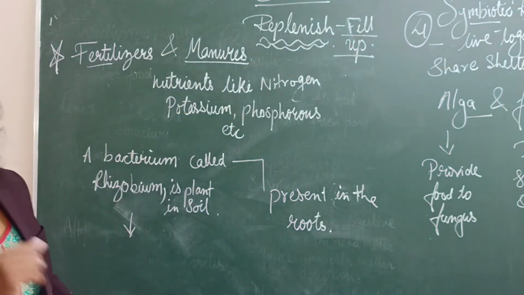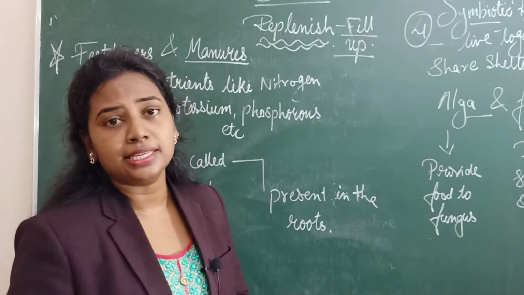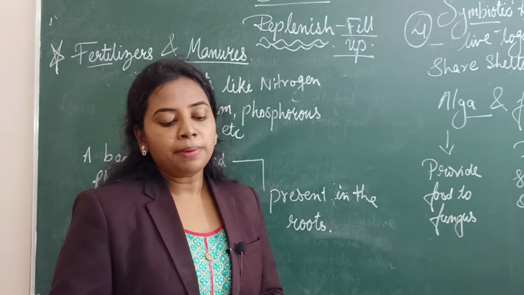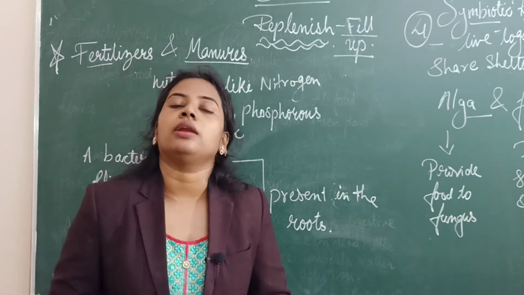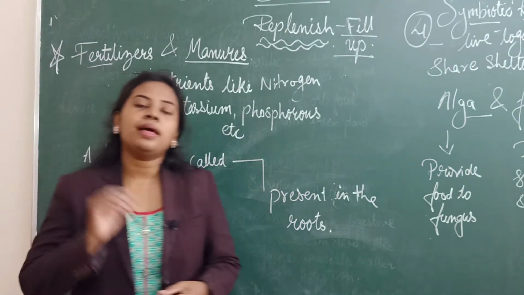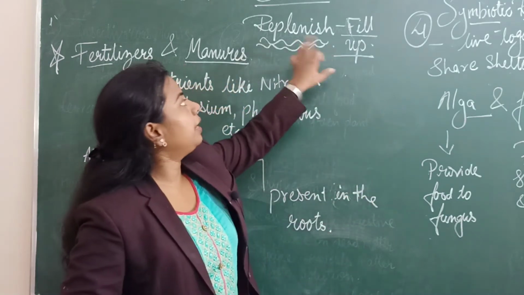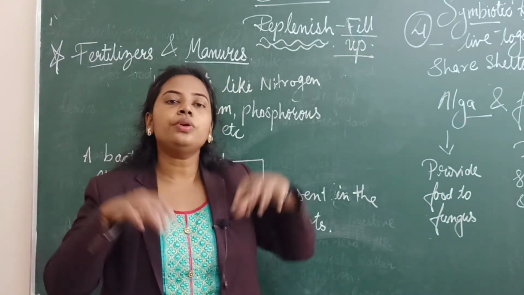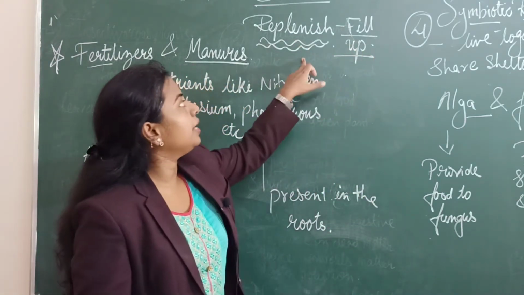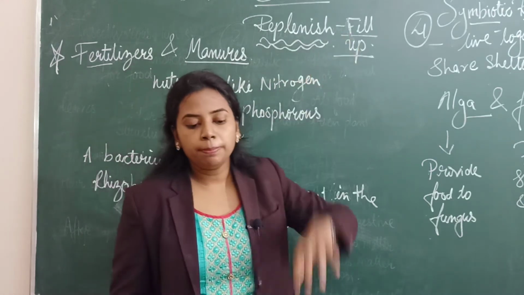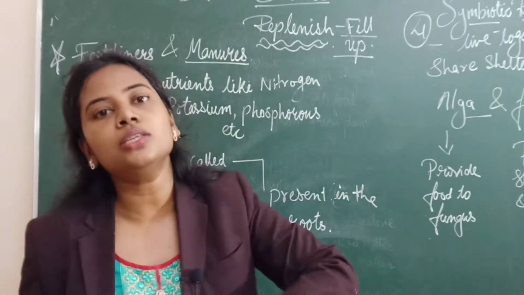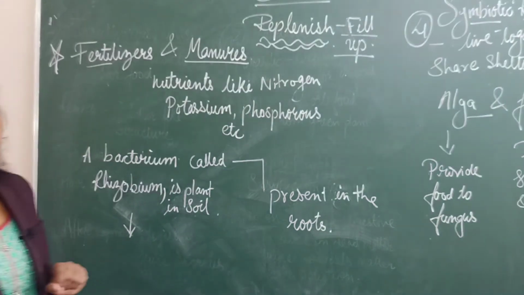So let's see the last topic of this lesson, page number 6: replenishing nutrients in the soil. Replenishing means fill up, to fill up the soil with nutrients. Let's see how we replenish the nutrients.